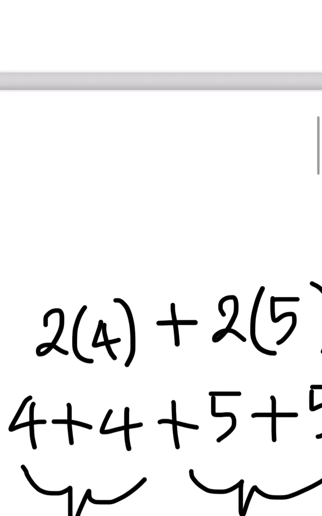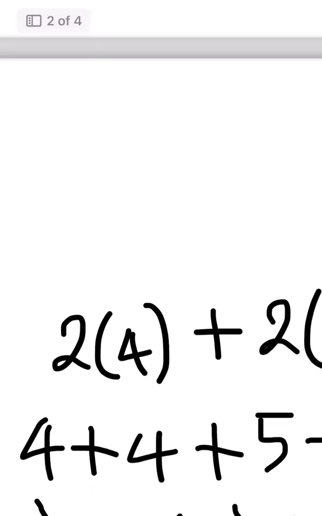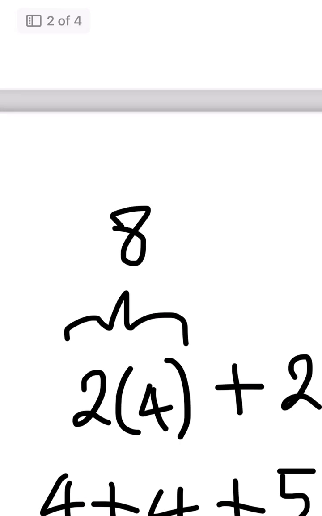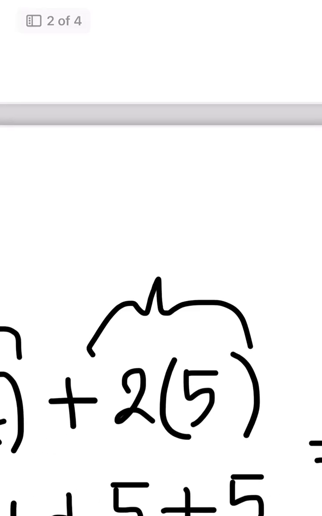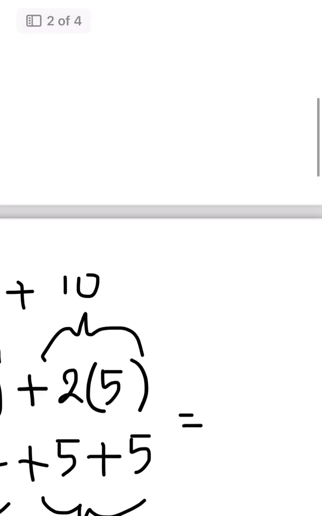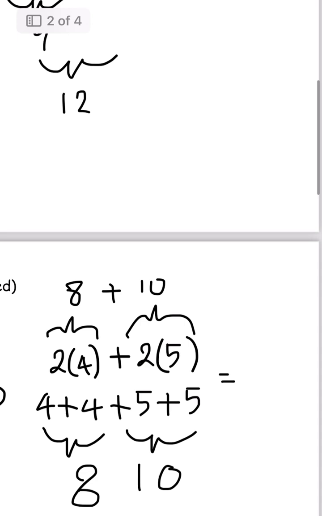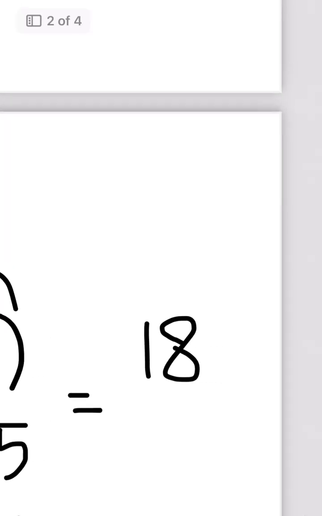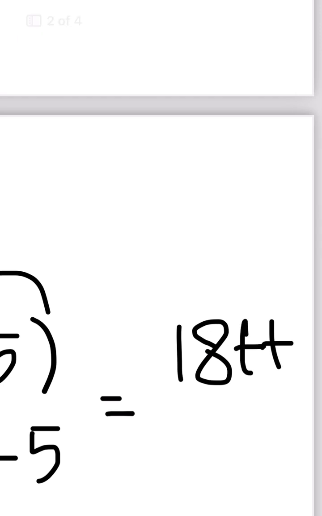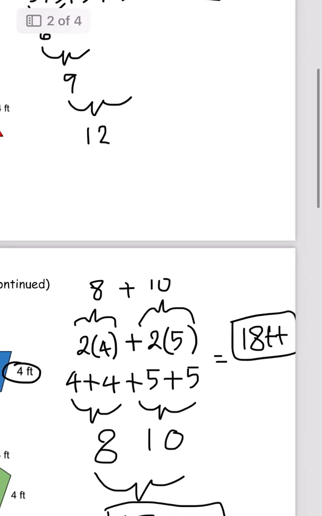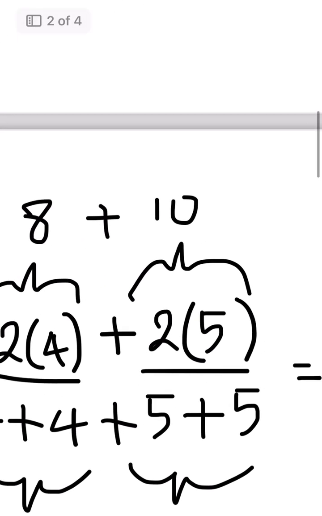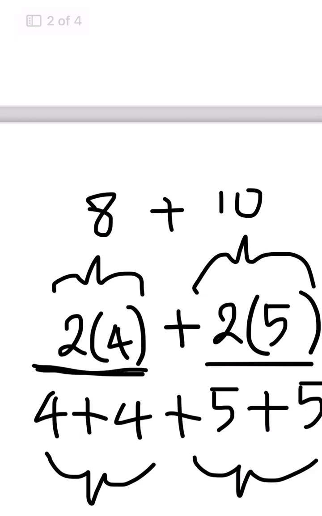Also, we can do it this way. So we know that 4 times 2 is 8. 2 times 5 is 10. And then when we add them together, we know that it's going to be 18 too. So when there's multiplication and addition, you always have to multiply first because that's the order.